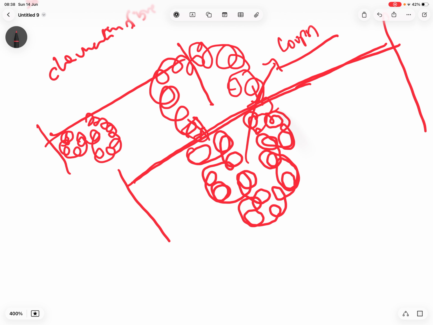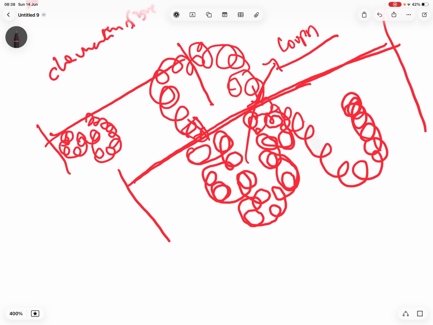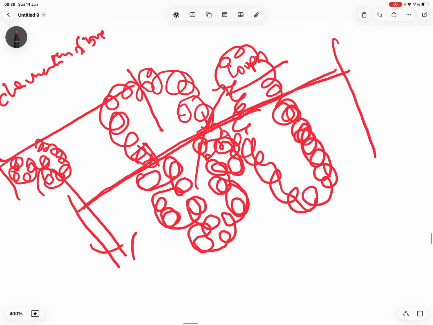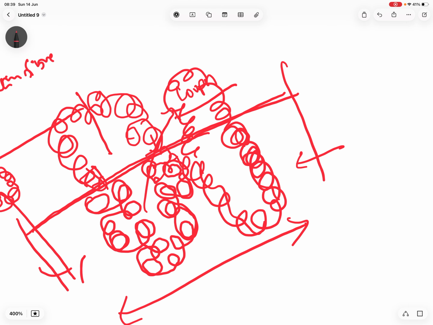Because of this, the thickness of the DNA gets increased, and also the length of the DNA string now reduces, becoming even less compared to its previous structure. And the chromatin in this loop structure forms the chromosome, the next level.